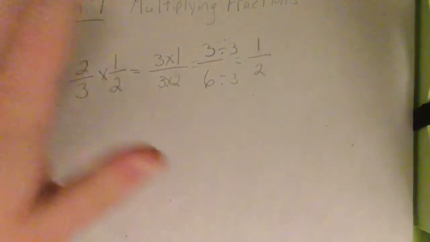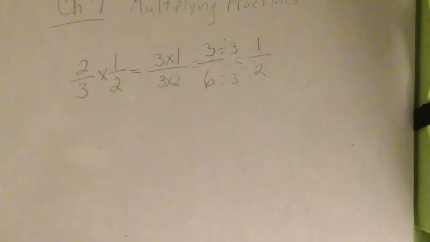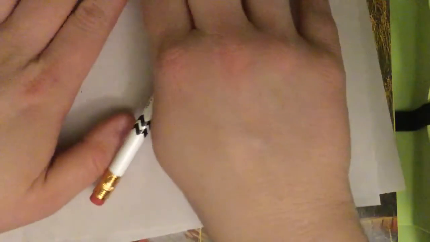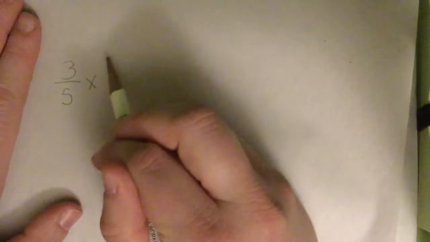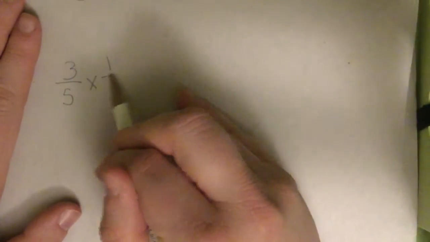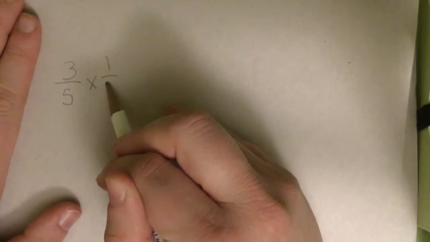Now there's a whole other way we can do it, and I'm going to go over that eventually, but right now I want to focus on multiplying fractions. Okay, so our next fraction, 3/5 times, let's see, 1/6.